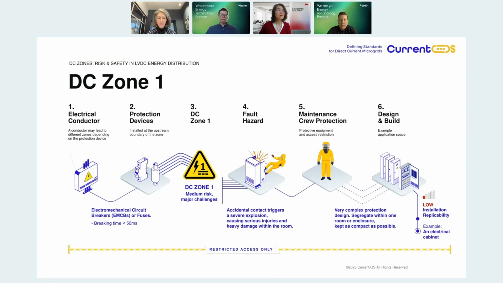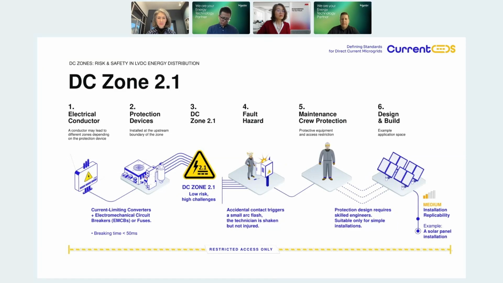The fault hazard level has become much lower already, but still there is a high risk for explosion and people need to wear protective clothing. So a skilled environment where only the maintenance crew can attend. The typical area where zone 1 occurs is in an electrical cabinet in a distribution system.